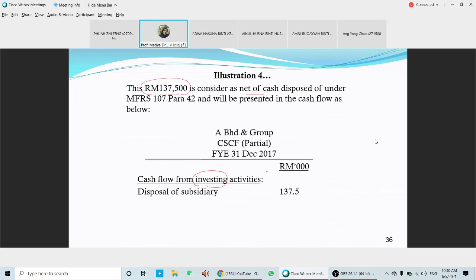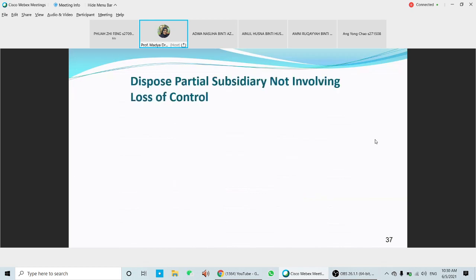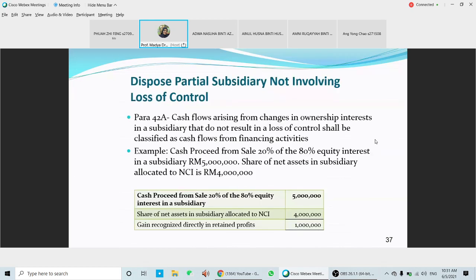Investment is under long-term asset, so put it under investing, as an item: disposal of a subsidiary. The amount that we use here is the aggregate cash that we have. So be careful: when you dispose or acquire, the cash that we consider here is the aggregate cash. For a disposal here, we have two types of disposal. The first example that we have in example 4 here is a total disposal.